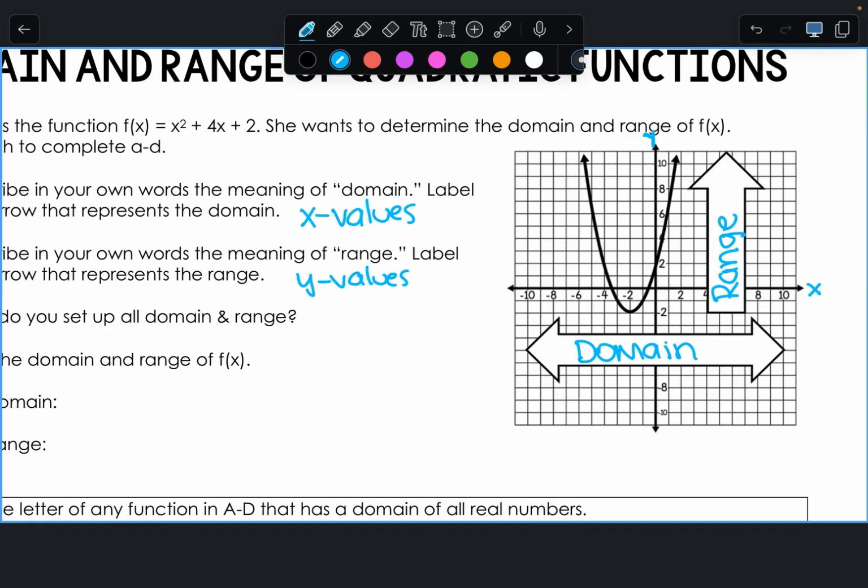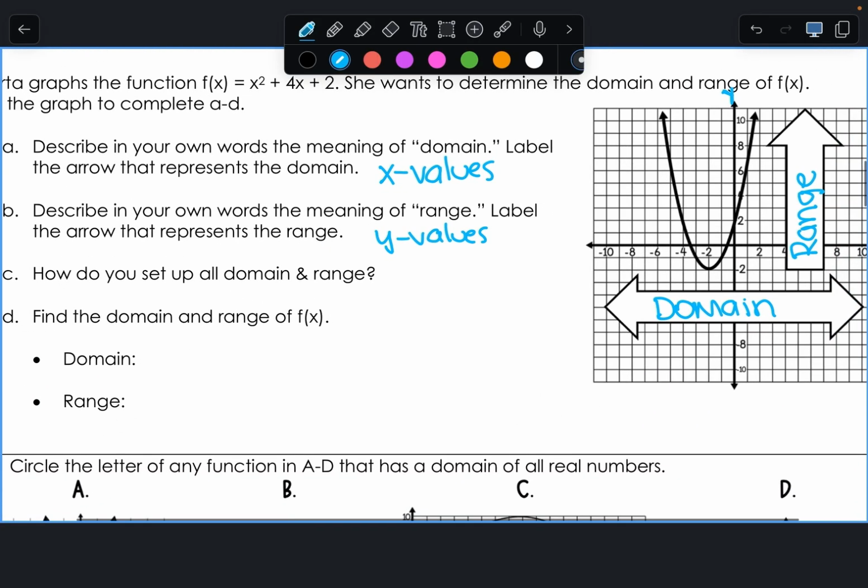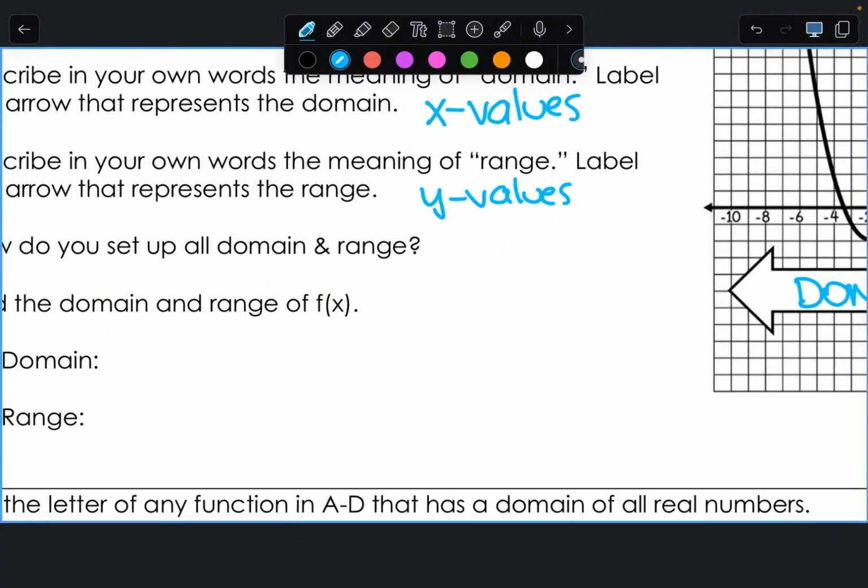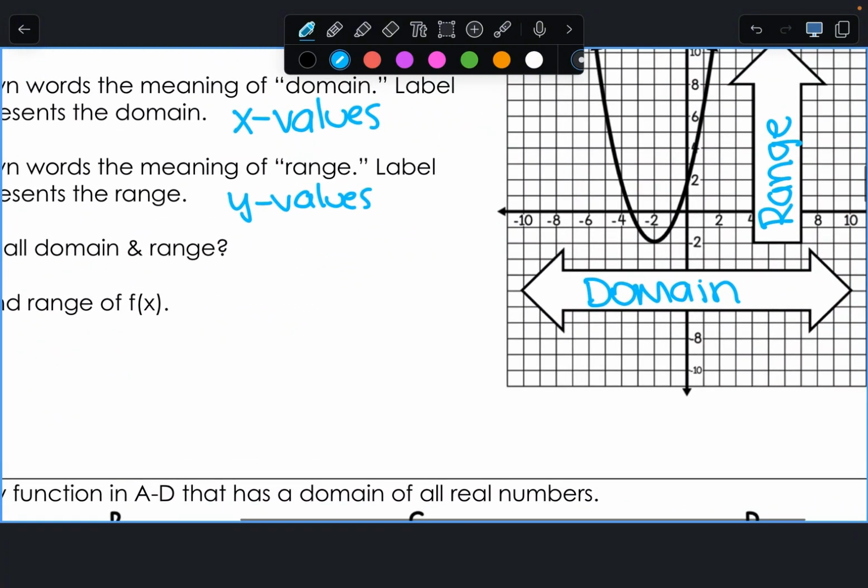Okay. Now, I inserted this: how do you set up all domain and range notation? You always have a number first, then numbers on the ends. Always use less than or equal to, okay? You put your smallest number, your minimum, on the left, your maximum on the right.